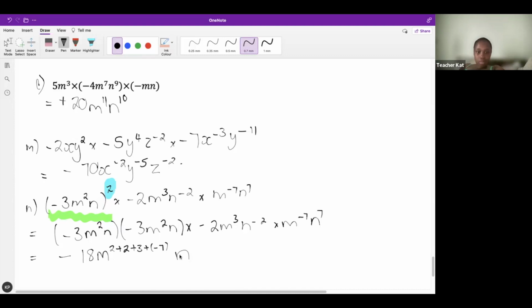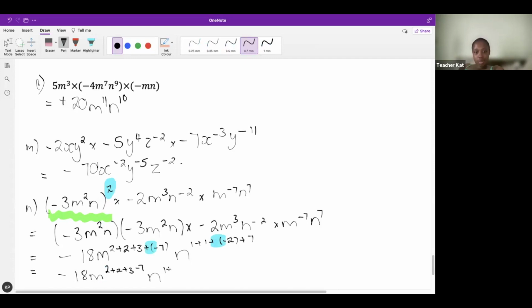So we have 1 plus 1 plus another 1 plus a negative 2 plus a 7. Now, this plus minus situation gives me what? Positive negative situation gives me a negative. So it's negative 18m to the power of 2 plus 2 plus 3 minus 7.